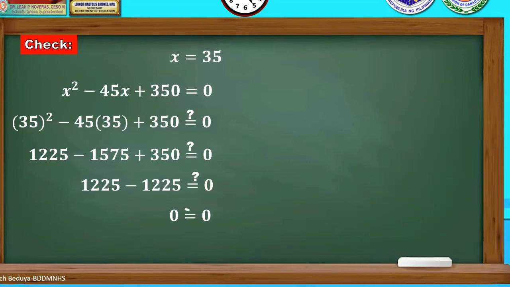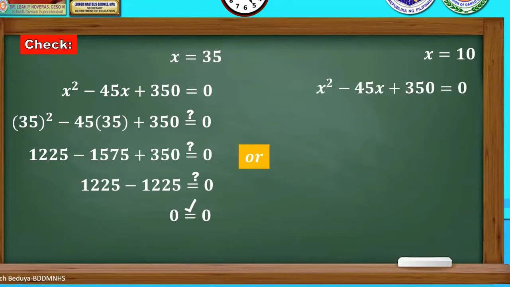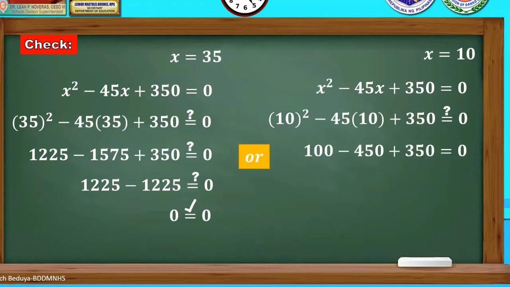Or, if x is equal to 10, let us substitute in the equation. So 10 squared minus 45 times 10 plus 350. Is it equal to 0? 100 minus 450 plus 350, is it equal to 0?